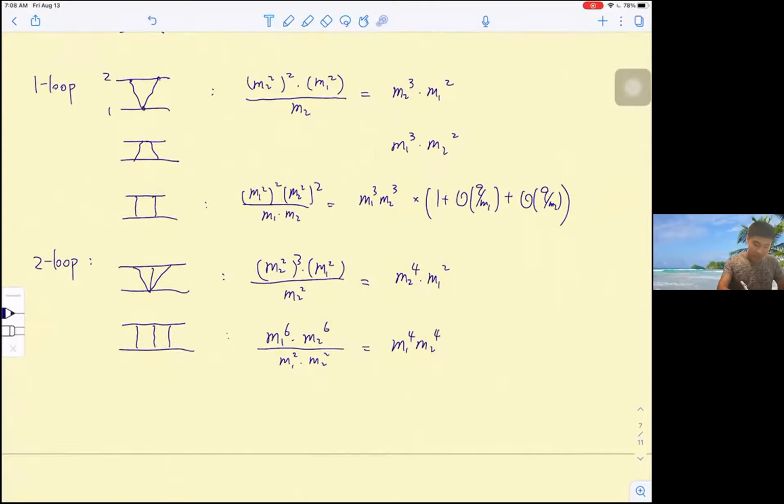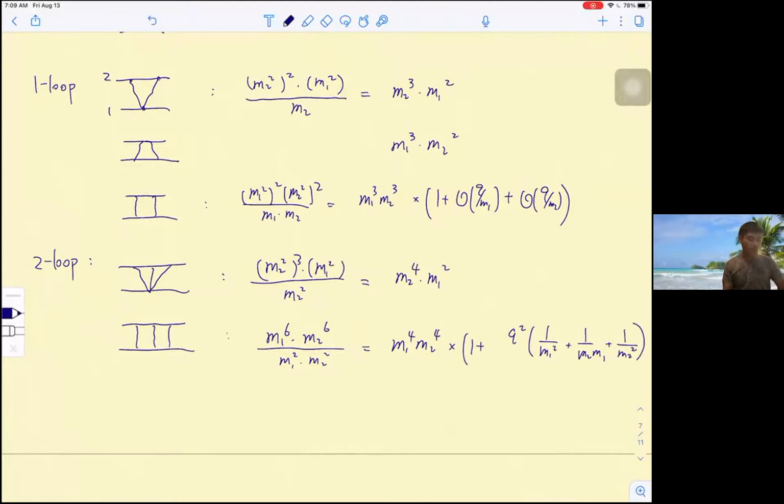And again, just like the box case, we have to consider the iteration. So here, I also have to consider order q squared. I could have n1 squared, things like m2 and n1, or n2 squared.